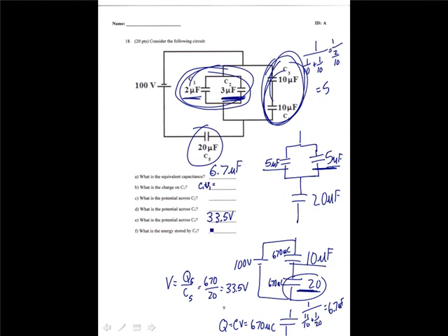Similarly, I can go ahead and write in the energy stored. This is 1/2 CV squared. This is C5, V5, both of which you know, so let's just put in numbers: 0.011 joules. And then I can start to fill in these others that I didn't know before.